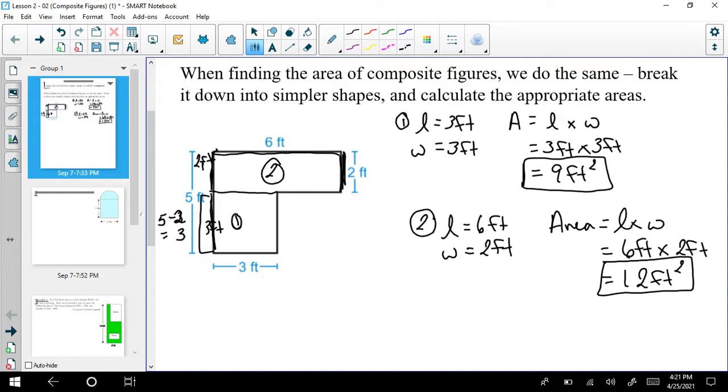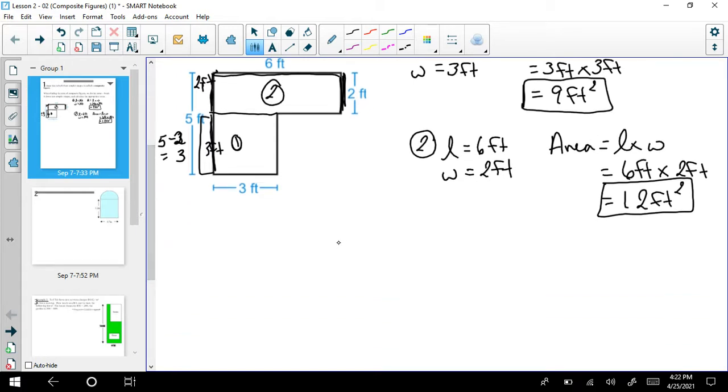Perfect. So I've done step 1, which is break it up into smaller shapes that I know. I've done step 2, which is find the area of each shape that I've broken it up into. So now my step 3 is to add my areas together to get the total area of this figure, right? So the area total equals the area of my square plus the area of my rectangle.